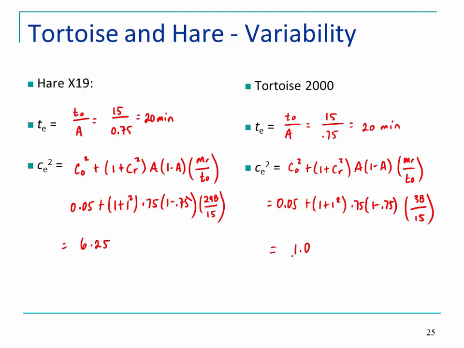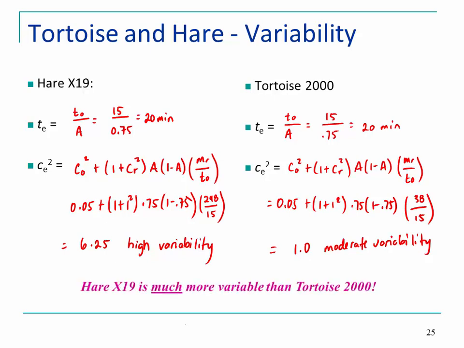So in terms of this coefficient of variation, the first machine is more variable than this machine.